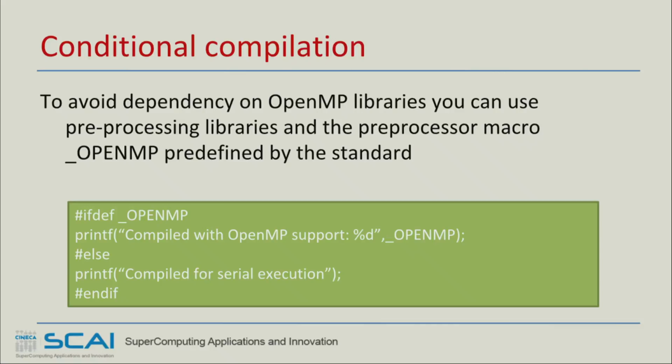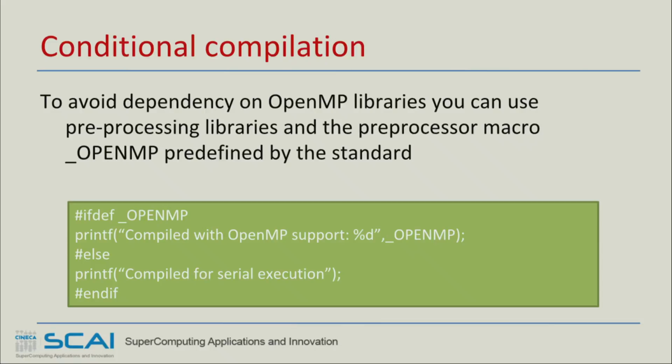There is another thing that is quite useful. There is something wrong on this slide, because OpenMP is not a library. But in general, this is because OpenMP also provides runtime functions. If you work only with directives and you don't want to use them, it is very simple: just omit the flag at compilation time.